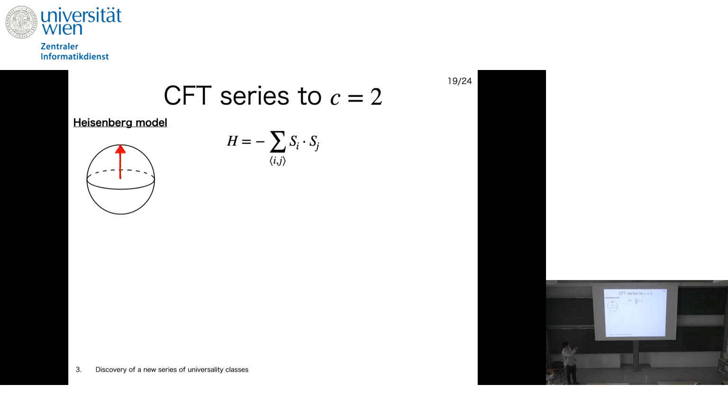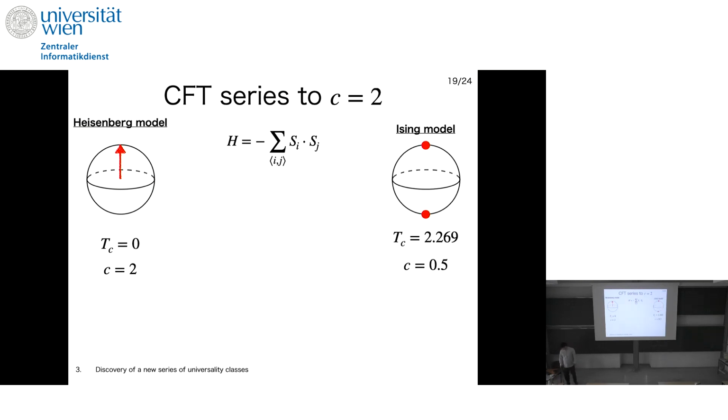Around this alignment, you have basically two Goldstone bosons. So you have c=2. This is the limit. And the other limit, you can think, is the Ising model. So on the sphere, you introduce some sort of anisotropy, then you get the Ising model.